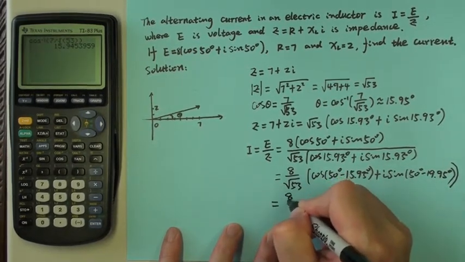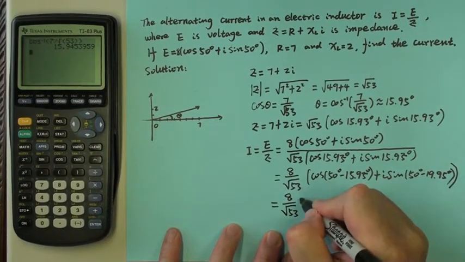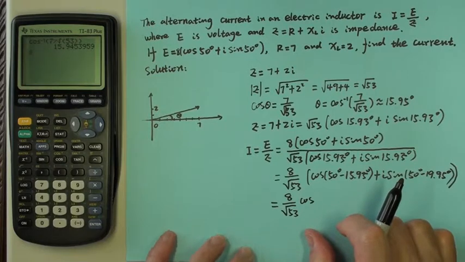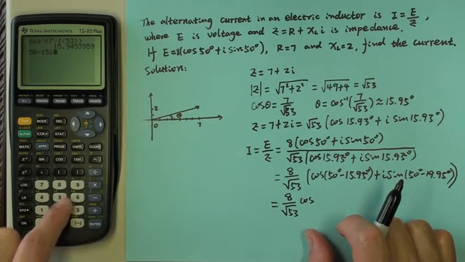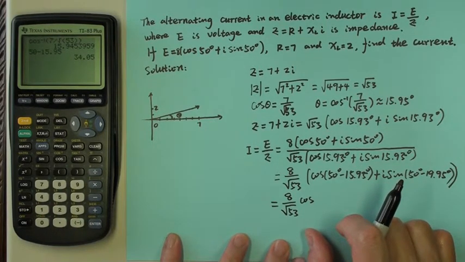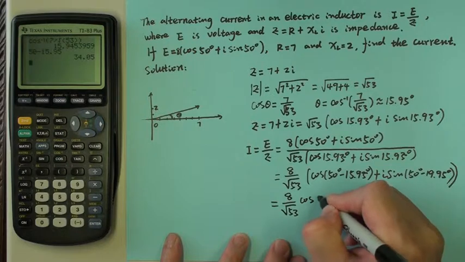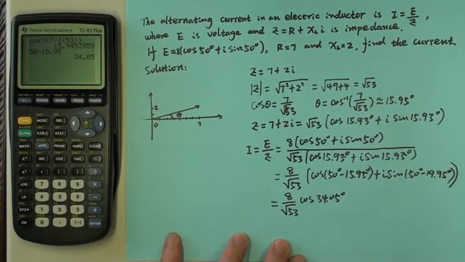Now, keep going. That will be 8 over radical 53 times cosine of 50 minus 15.95, which gives 34.05 degrees.